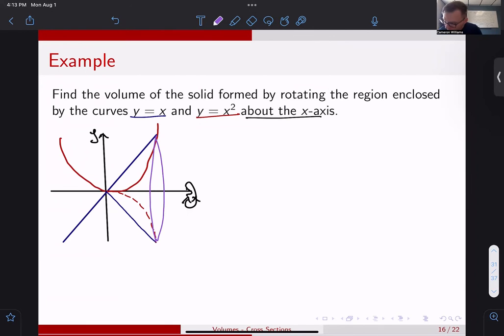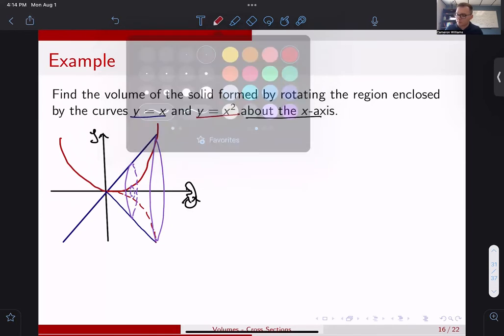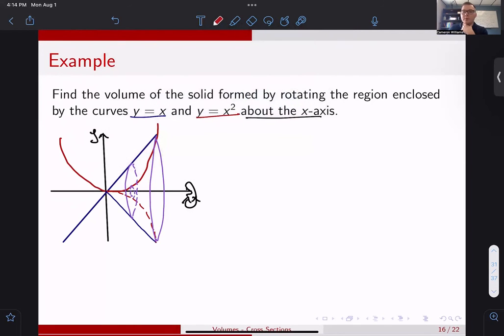And I'm going to draw a cross section over here. Now, there's something a little bit different about this versus the other examples we've done. The difference is that this cross section, since we rotated, has circular symmetry, so it's going to be a circle. But we do not want this portion.